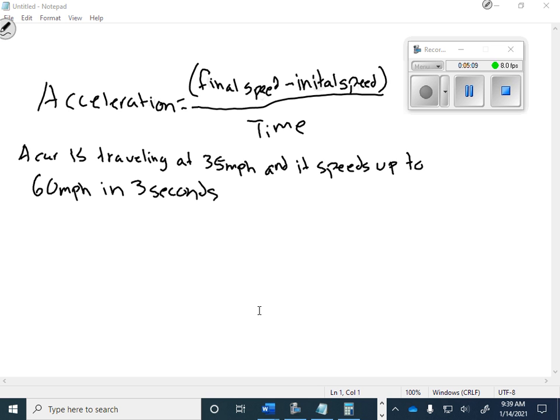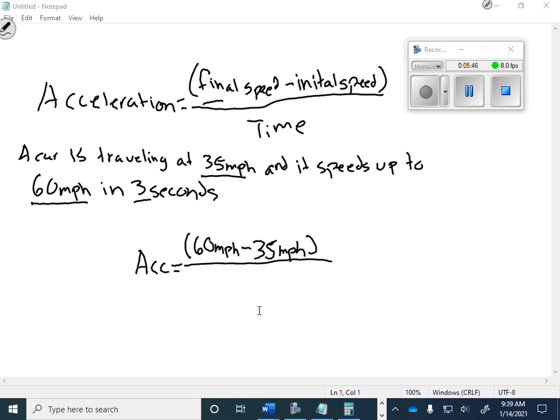So we use our equation. We're going to use ACC for acceleration. Acceleration equals, we need the final speed. Okay, so it sped up to 60 miles per hour. So that's going to be the final speed, what it ended at, minus the initial speed. The car was traveling at 35 miles per hour, so we'll plug that in for the initial speed. Divided by time, which was 3 seconds.